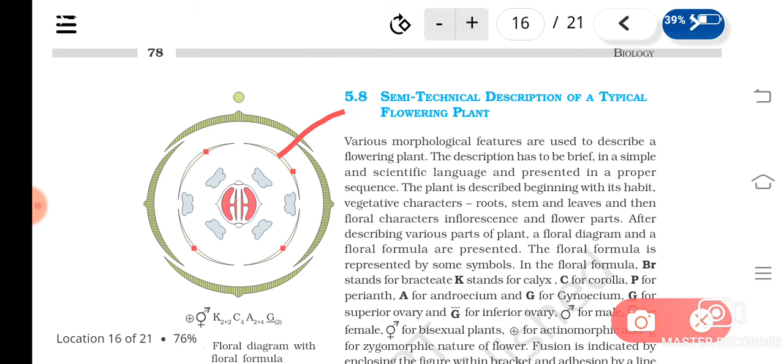Now, androecium. And you can see even the estivation. Estivation can also be represented, whether they are gamosepalous or polysepalous, polypetalous or gamopetalous. All that can be represented by this diagram.